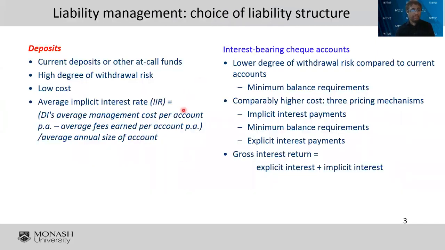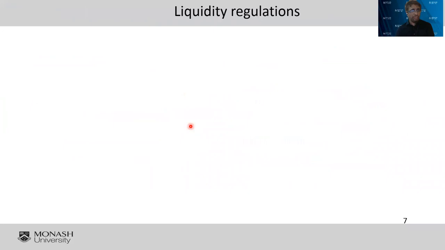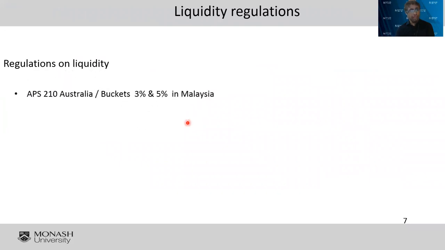Now, those slides, I will not cover anymore because they just explain what I just said. So I will just pass over this. I will talk about liquidity regulation, but because I am not testing you on liquidity and regulations this semester, I would just say that this is what's happening in Malaysia.